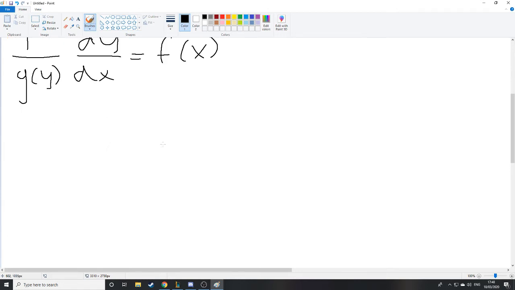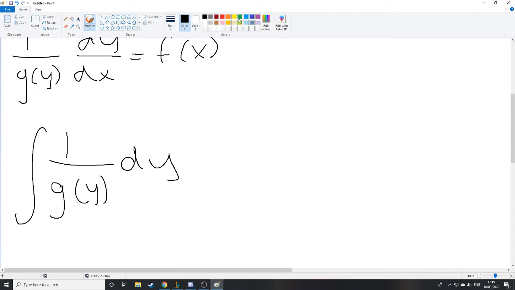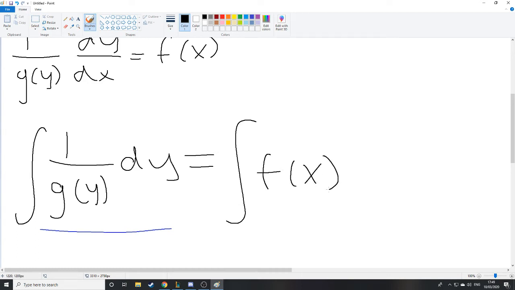So that's going to lead to us having something that looks like this, which is the integral of 1 over g of y dy equals the integral of f of x dx.